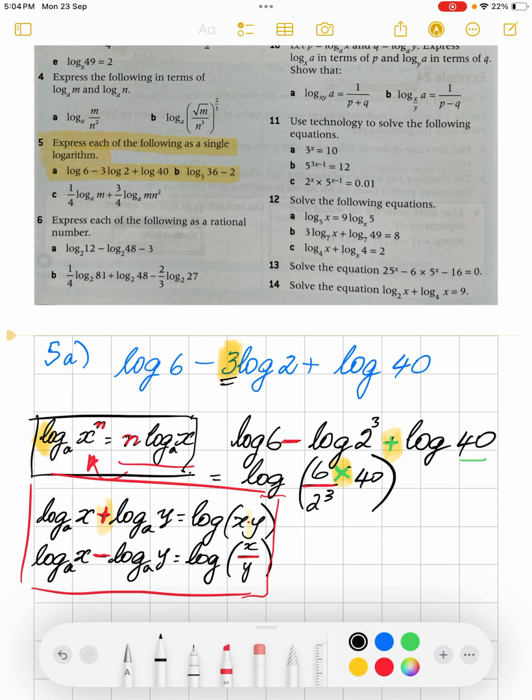We've almost finished. We've just got to simplify this. So we've got log, and what is this number? 8 goes into 40 5 times, 6 5s are 30, and so we've got the log of 30, and that is a single log.